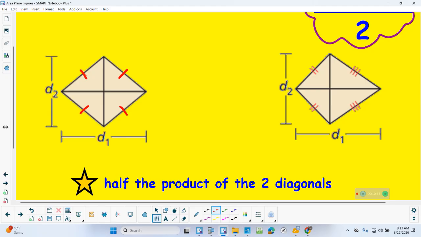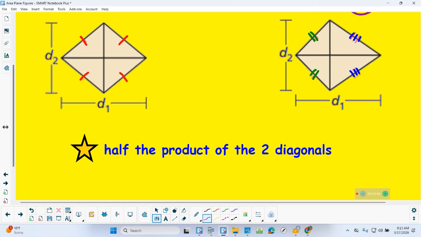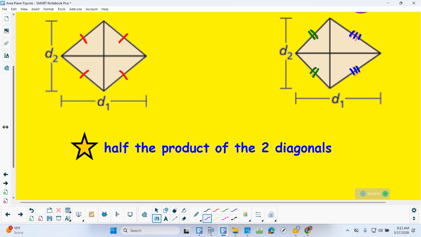And then, of course, on the right figure over here, we can see we've got these 2 congruent sides, and then these are congruent to each other. We've got our kite figure. But, of course, the calculation, the formula is the same, half the product of the 2 diagonals. So we're just going to multiply the lengths of the diagonals, divide by 2.